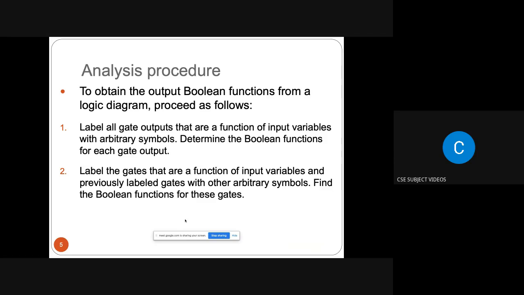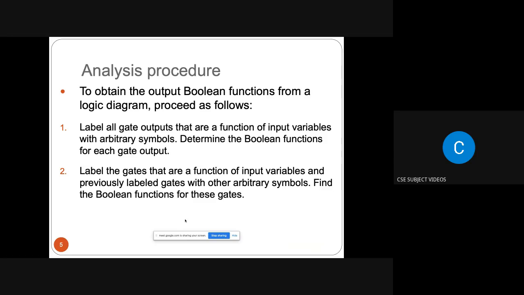So, what are the steps to obtain the Boolean functions? Here we'll see the steps to obtain the output Boolean functions from a logic diagram. Label all gate outputs that are a function of input variables with arbitrary symbols. Determine the Boolean functions for each gate output.